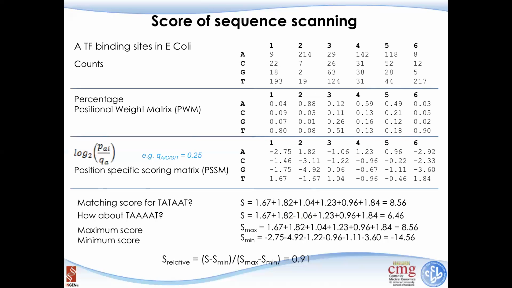It's defined as the score S minus the minimum, divided by the maximum minus the minimum. In this case, we find the relative score is 0.91. Then we say, okay, it's pretty good, right?